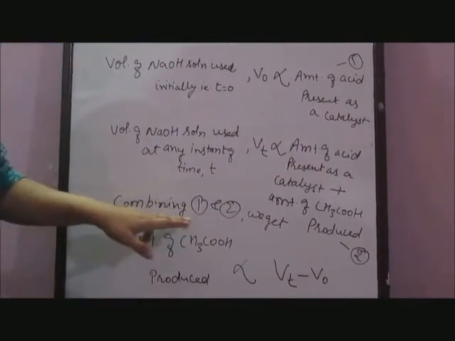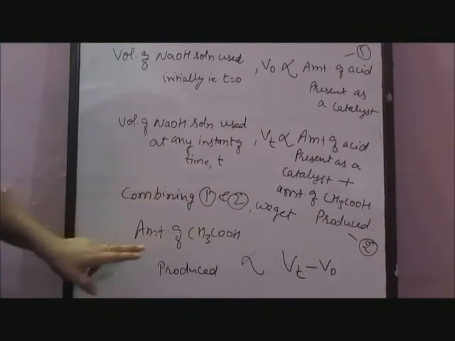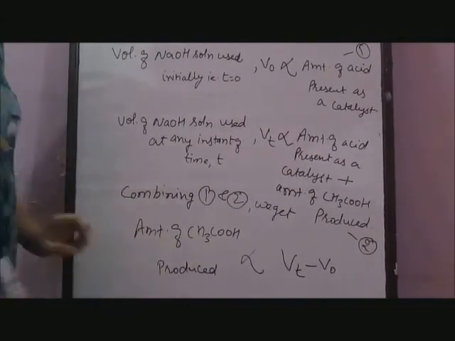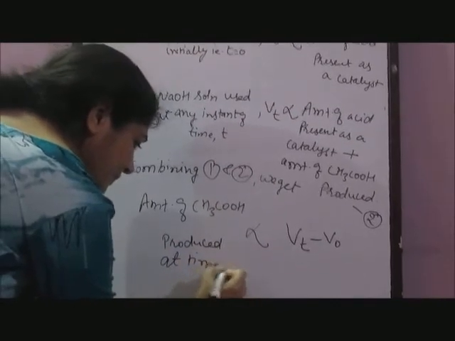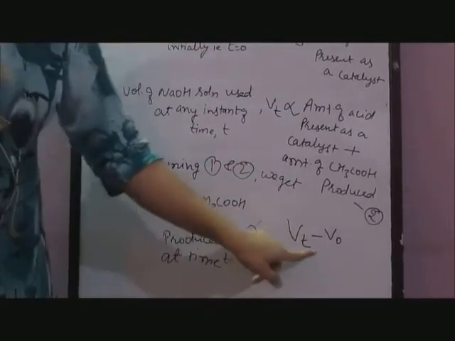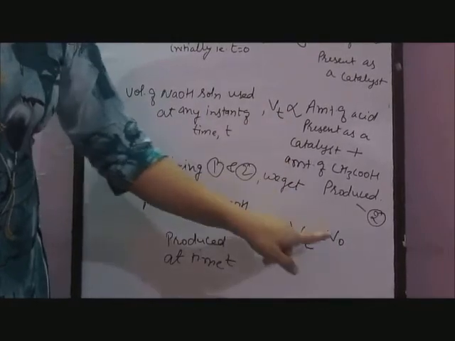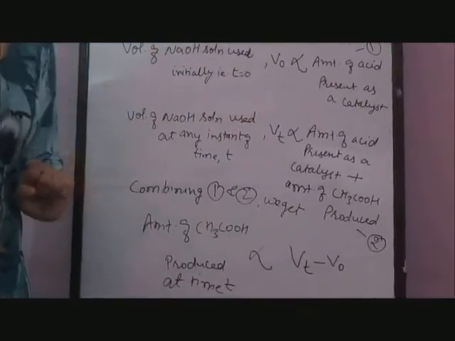By combining these two equations 1 and 2, we get amount of acetic acid produced at time t, which is proportional to Vt minus V naught.